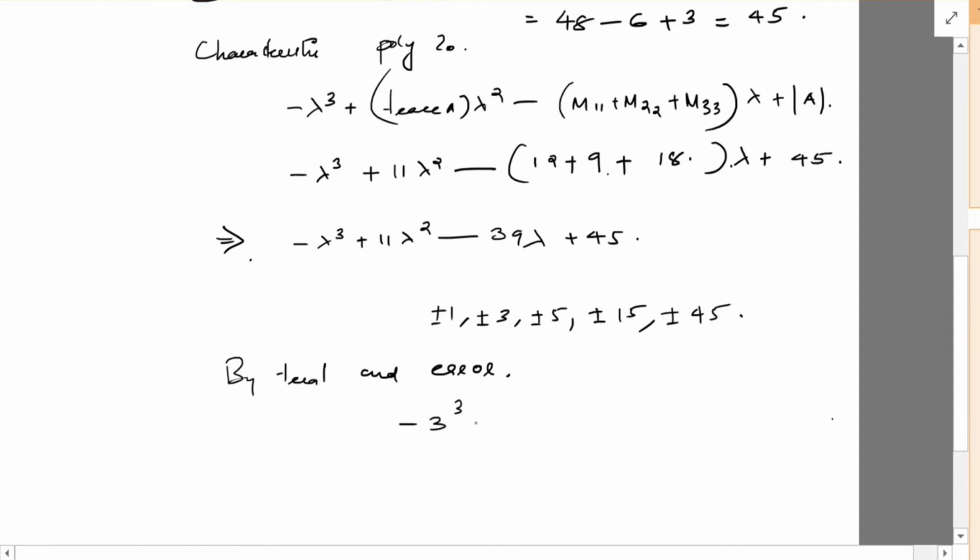3 will be minus 3 cube plus 11 into 3 square minus 39 into 3 plus 45.